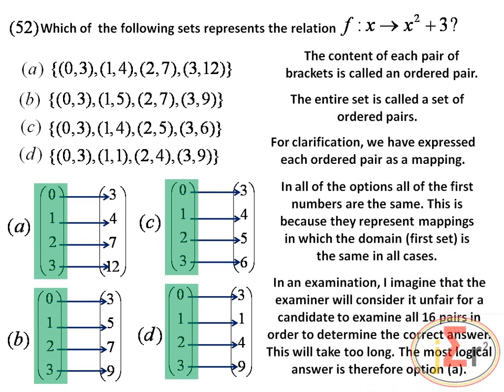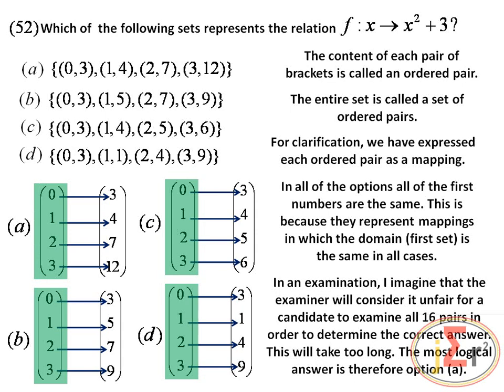In an examination, I imagine that the examiners will consider it unfair for a candidate to examine all 16 pairs in order to determine the correct answer. This will take too long.